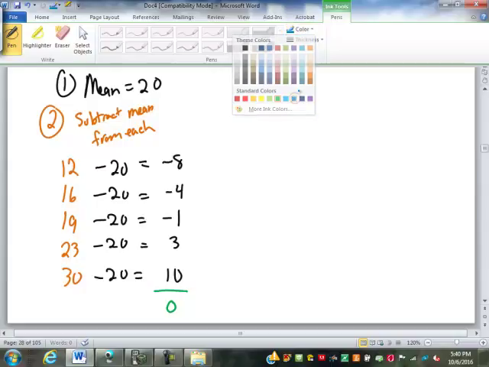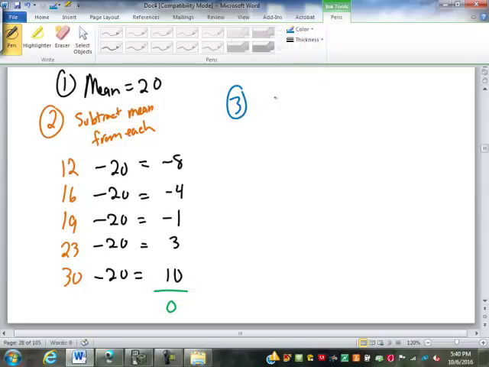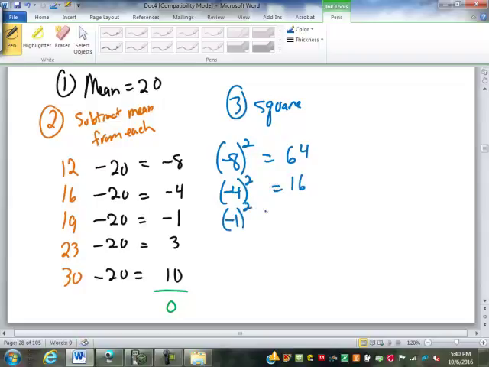What's step 3? Square them. Very good. -8 squared is 64. -4 squared. 16. -1 squared. 1. 3 squared. 9. What's that? 3 squared is 9.